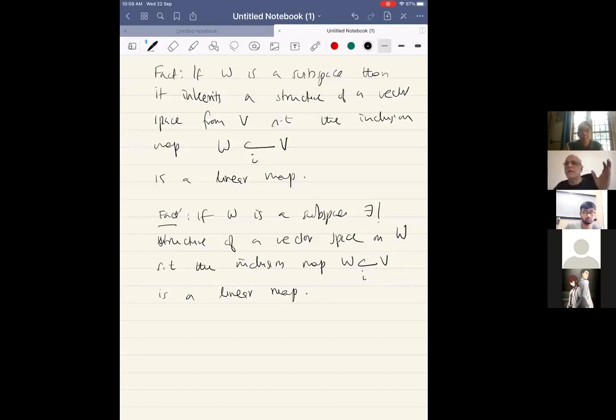For example, if I take the closed interval [0, 1] in R, then every real number between 0 and 1 has two roles. First as an element of the closed interval, and then as an element of R. The map which takes that point in the closed interval to the point in R gives you an inclusion of the closed interval into R. It's really a useful thing to do.